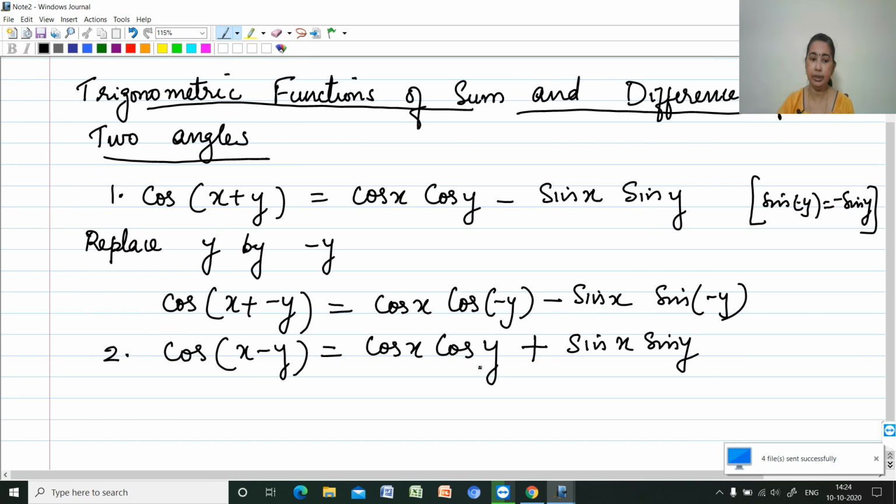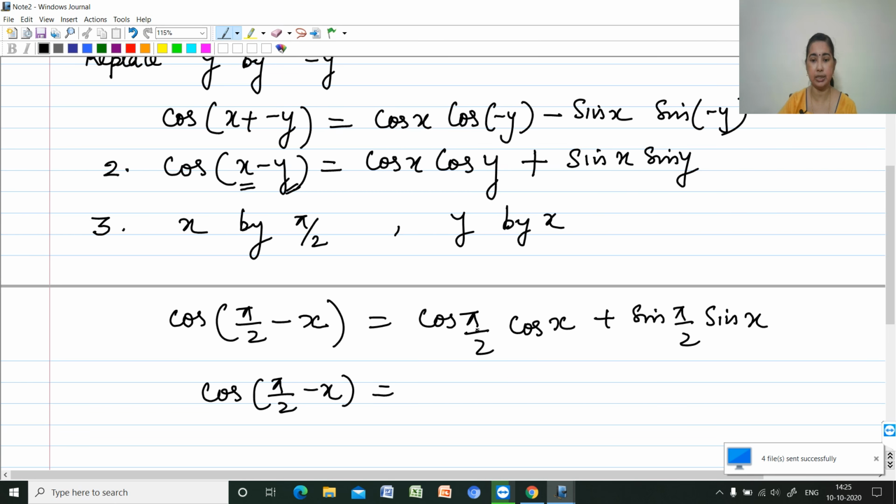So cos of pi by 2 minus x is equal to, what is the value of cos pi by 2? Cos pi by 2 means it is cos 90. Cos 90 is 0, so this part is 0. Remaining, sin pi by 2 is 1 into sin x. So the answer is sin x.